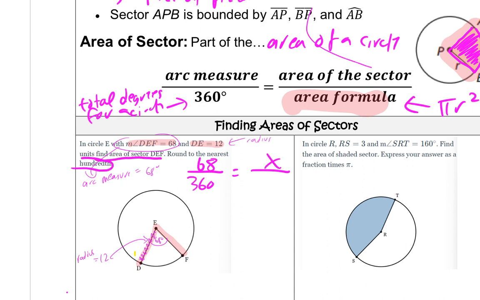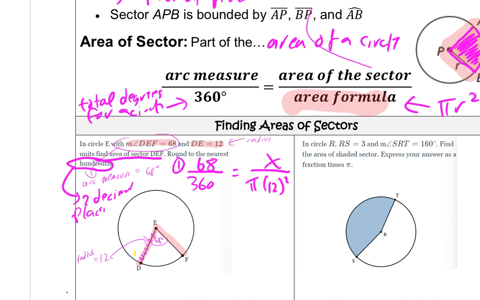We're going to round to the nearest hundredth, which means 2 decimal places, same as last time. Over the area formula, pi times the radius squared. DE is our radius, so that's going to be 12. We put 12 right over there.